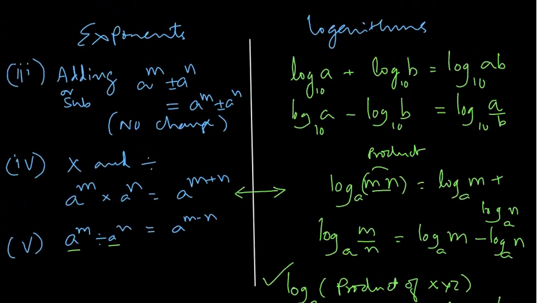Since it's no change, we don't need to write. Whereas here, log of this. Okay. If I have an example, so log 2 to the base 10 plus log 3 to the base 10 equal to log 6 to the base 10.